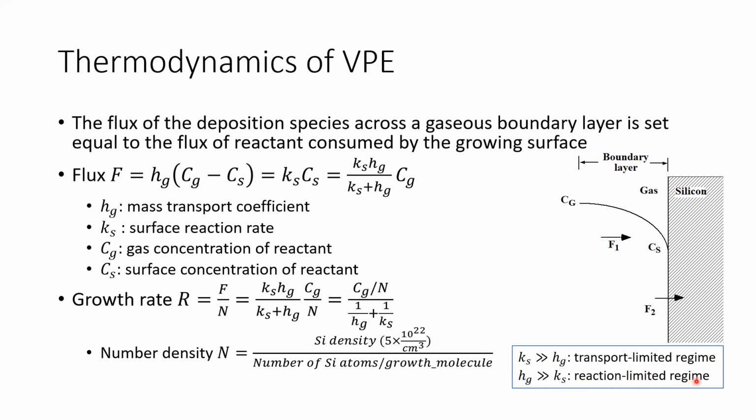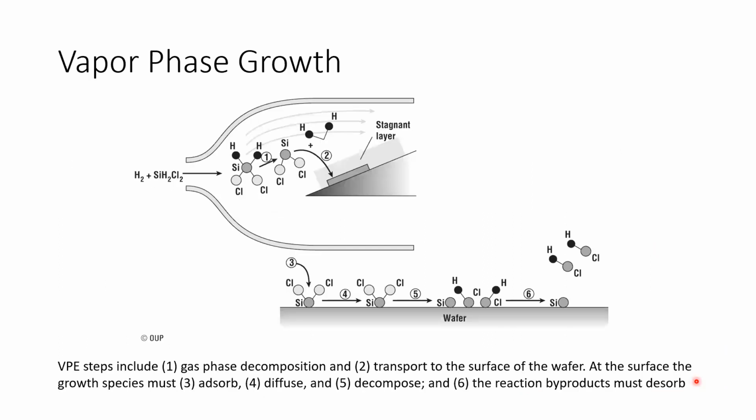So basically we have two factors limiting this process, and the slowest one controls the total deposition rate. And the Deal-Grove model is actually a very simplified model, and only considers the thermodynamics.